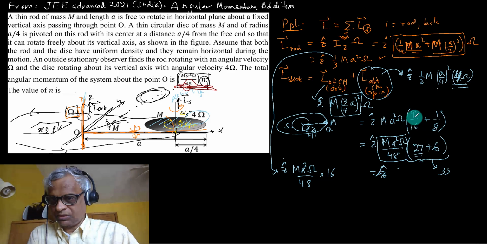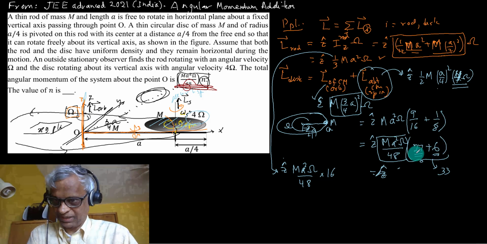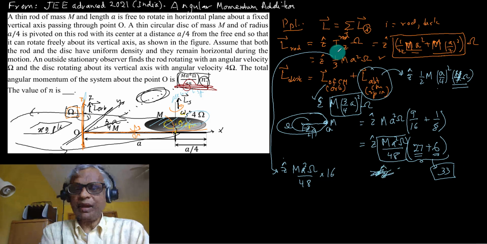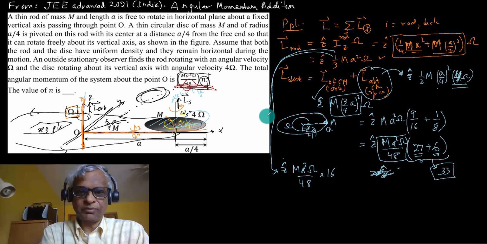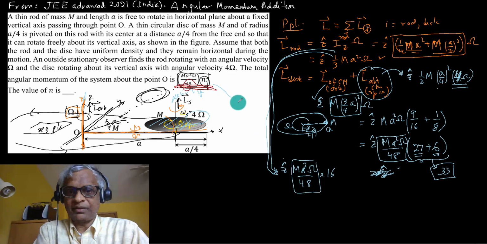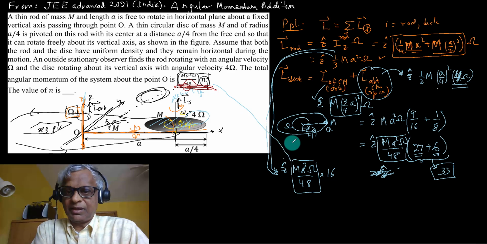So this gives me 27, because 9 times 3 is 27, and this gives me 6 because 8 times 6 is 48. And when I add this up, I get 33 over here, multiplying this whole thing. I do the same thing for the rod, and I make the 48 the same, and then the factor to make it 1/3 is 16.